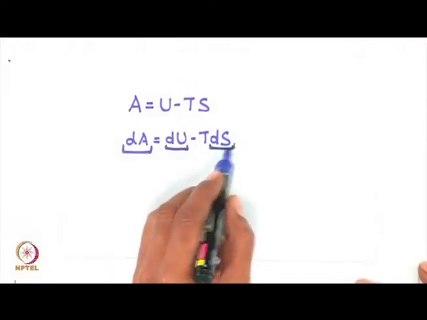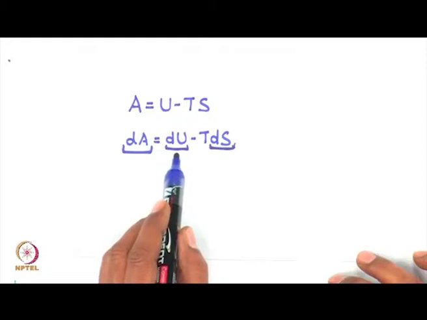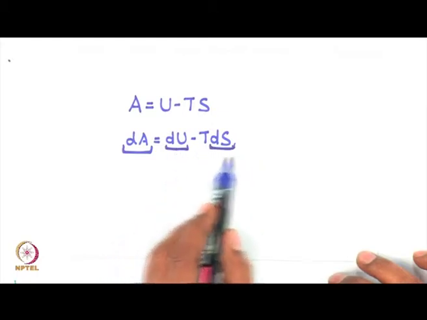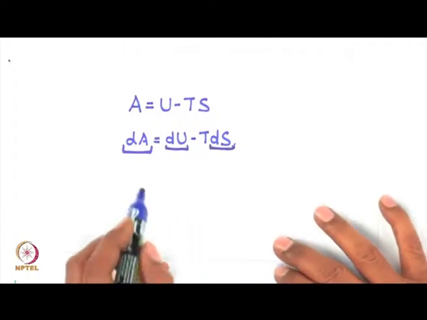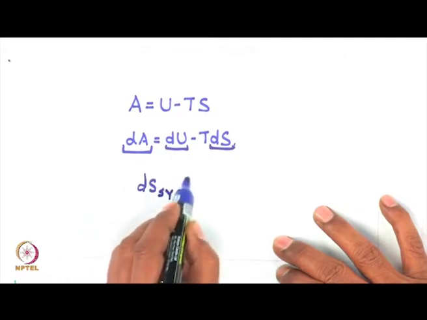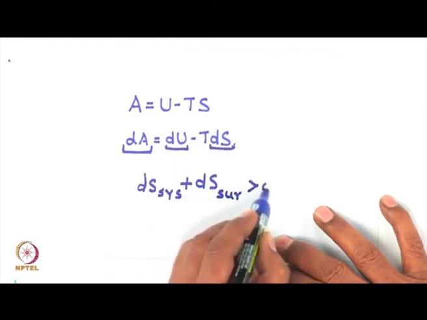And secondly, the dS is positive. What about the entropy change in the surroundings? This decrease in internal energy can be used up, or a part of it can enter the surroundings in the form of heat and generate enough disorder, so that dS system plus dS surroundings is greater than 0.